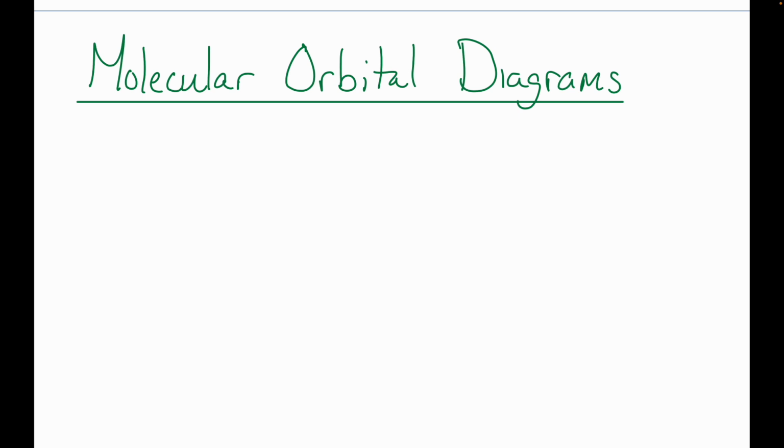All right. So what these diagrams help us to explain are that aromatic compounds are super stable.